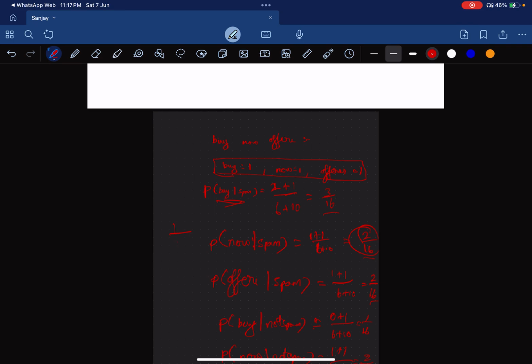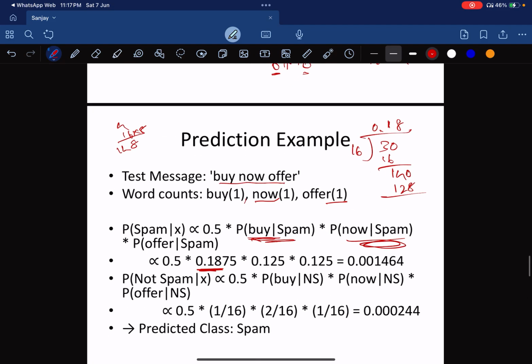That is 1 by 8, which is 0.125. As you can see there, that is 0.125, and similarly for "offer" in the spam class, that's also 0.125.